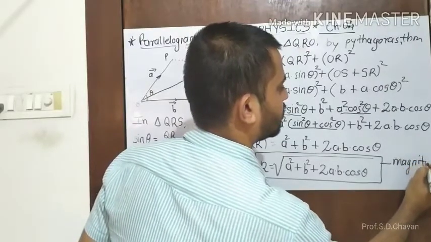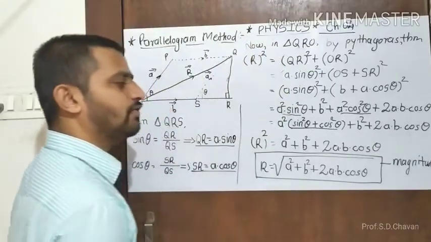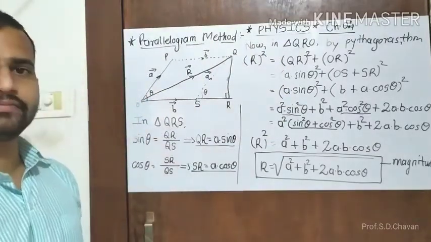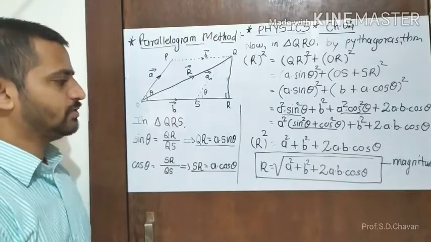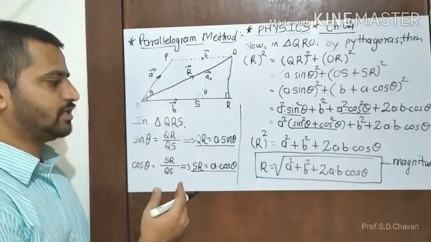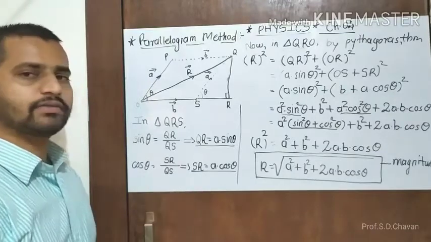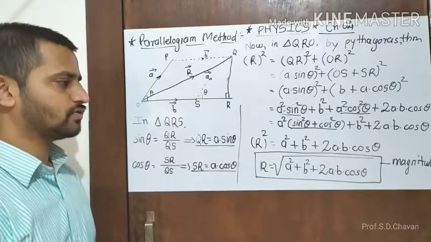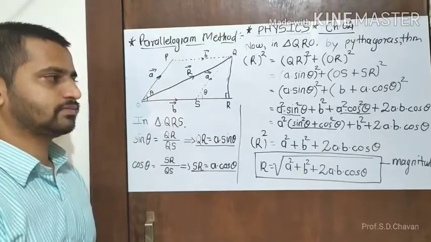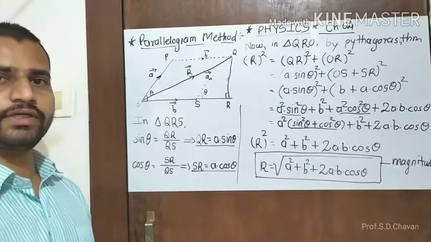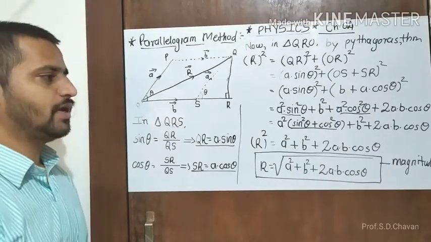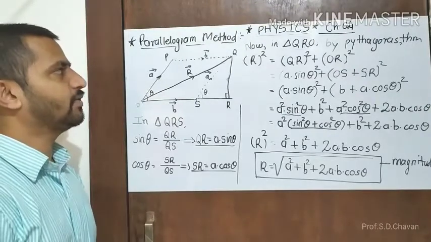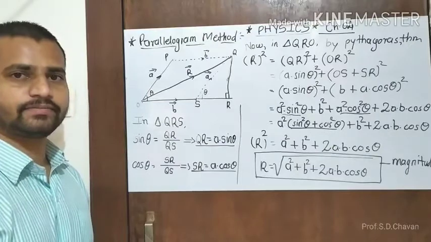This is about the magnitude of the resultant vector by using the parallelogram method of vector addition.